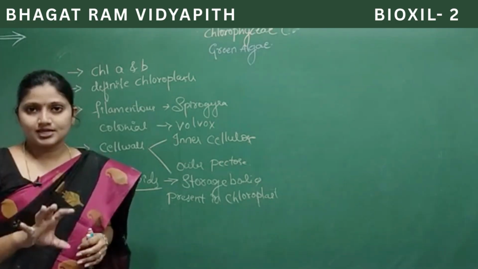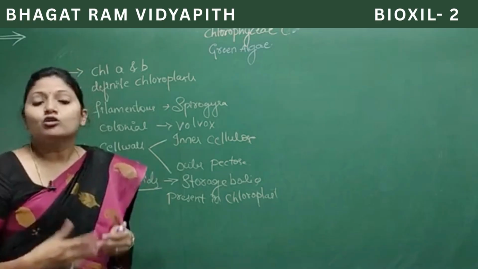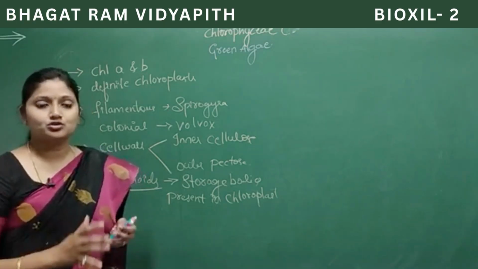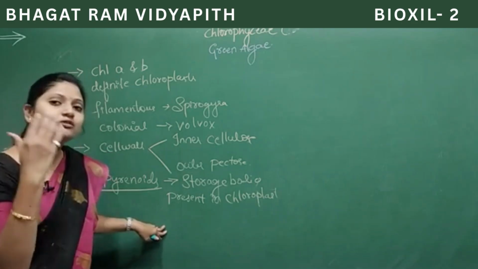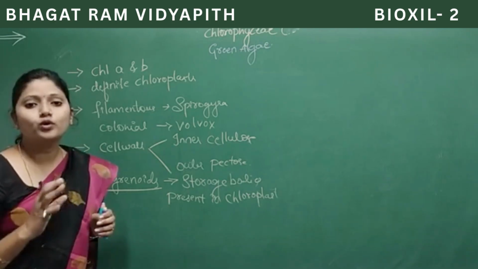Actually, they should contain starch because they are photosynthetic in nature. So definitely glucose is being produced there and later converted to starch. So they should store starch, but apart from the starch, these pyrenoids will also store proteins.